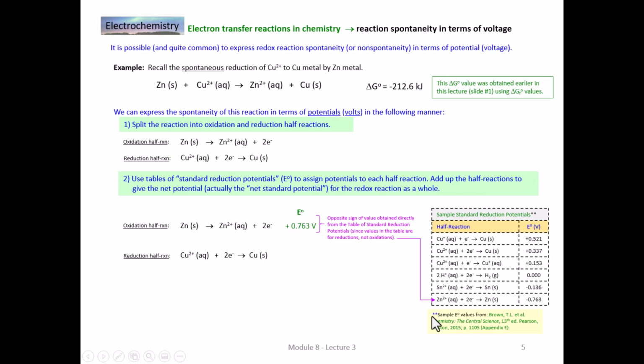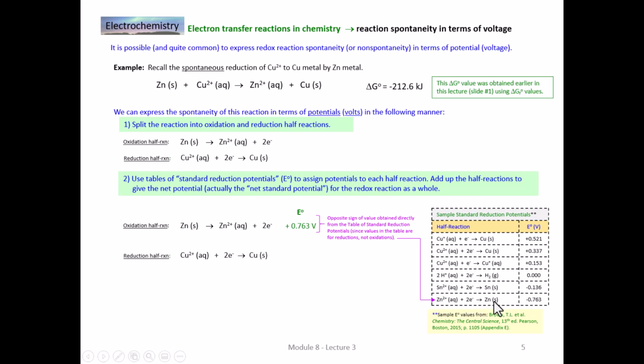Notice, though, that I wrote next to this oxidation half reaction plus 0.763 volts. Why did I change the sign from what was written in the table? The reason is that, for reasons that will probably become evident to you later, all of the reactions written in this table are written as reductions. Zinc 2 plus 2 electrons going to zinc.